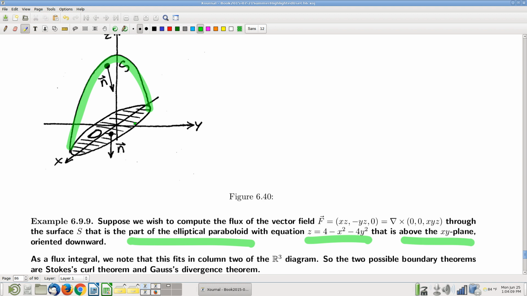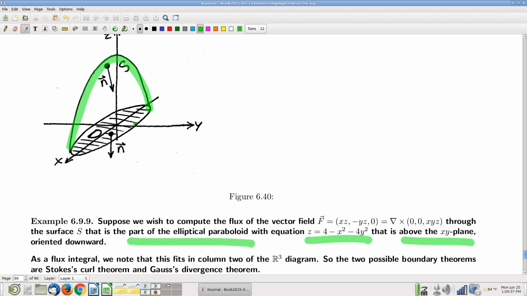Let me caution you about one thing, a constant confusion that comes up for some students. We have this elliptical paraboloid, and in some students' minds, it's easy to conflate the surface, which is a two-dimensional thing, with the solid, the three-dimensional region underneath that surface. But very importantly, these are not the same thing.